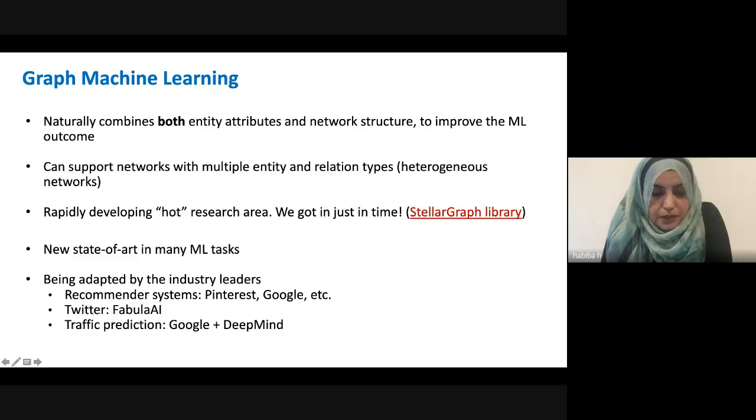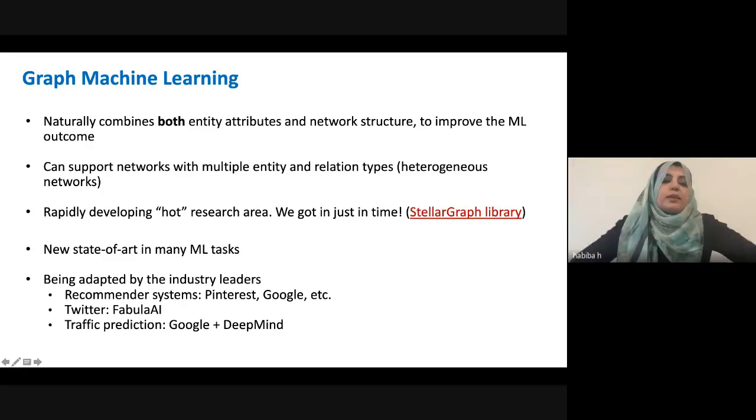Twitter, a few years ago, acquired a company called Fabula AI. It's a UK company that built a tool for discriminating between hateful and non-hateful users on a platform like Twitter, using graph machine learning.